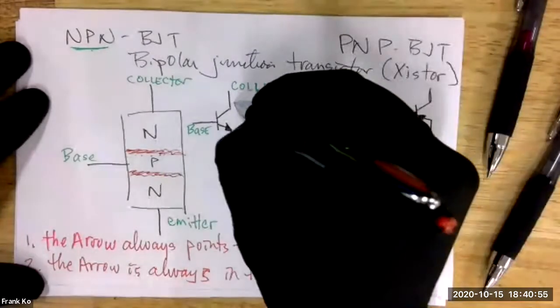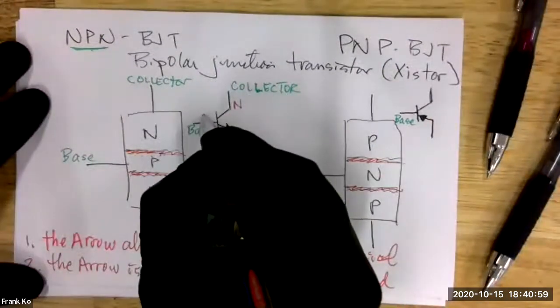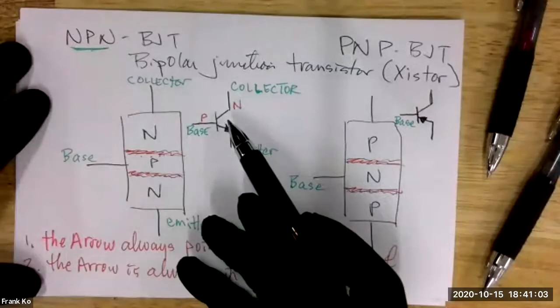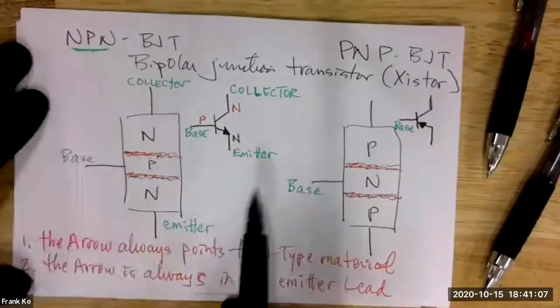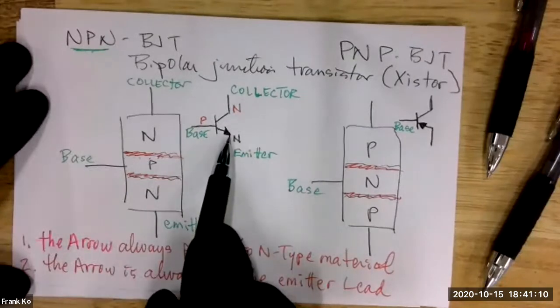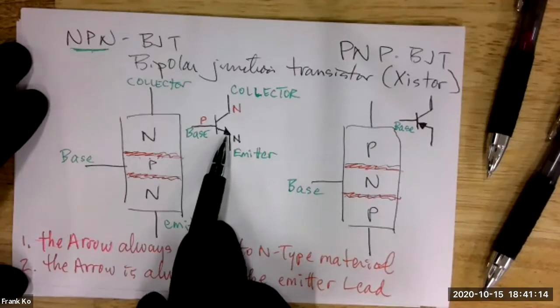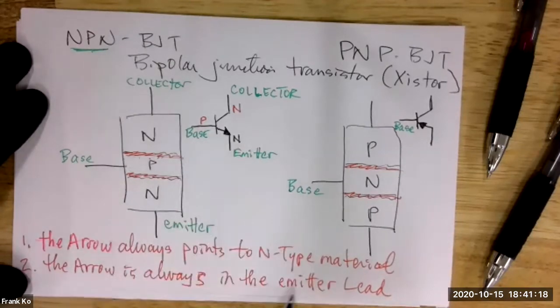On the other outside lead, we have N material, and sandwiched in the middle will be P material. So this is the schematic symbol for an NPN transistor, and specifically, this is N-type material on the emitter because the arrow is pointing directly to it, and the arrow is always on what lead?